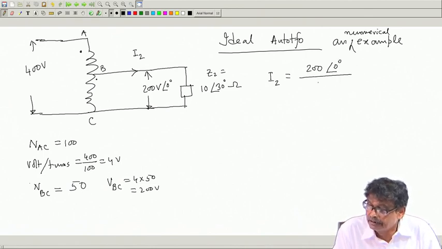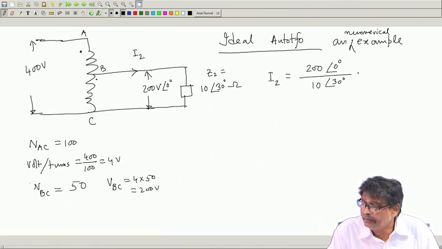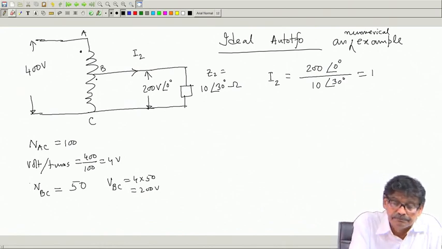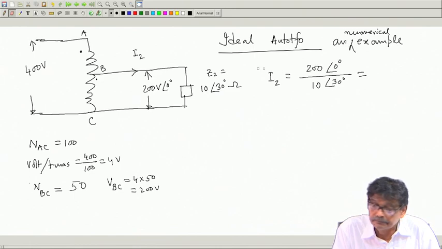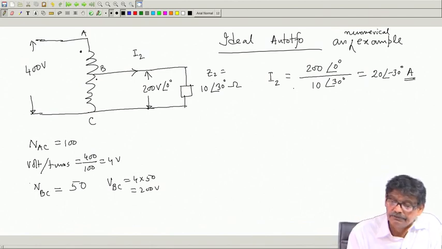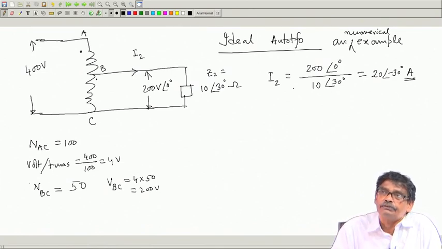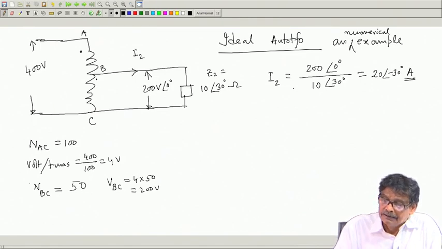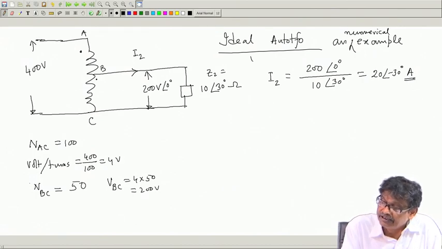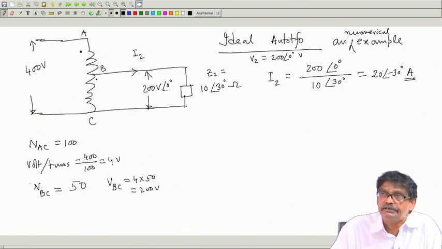I2 I will calculate simply like this, and which will be equal to 20 minus 30 degree ampere. I will get I2. Now, I will argue, as I did in case of a 2-winding ideal transformer, that this is I2 and so V2, first I write V2 is equal to 200 0 degree volt, I2 is this.